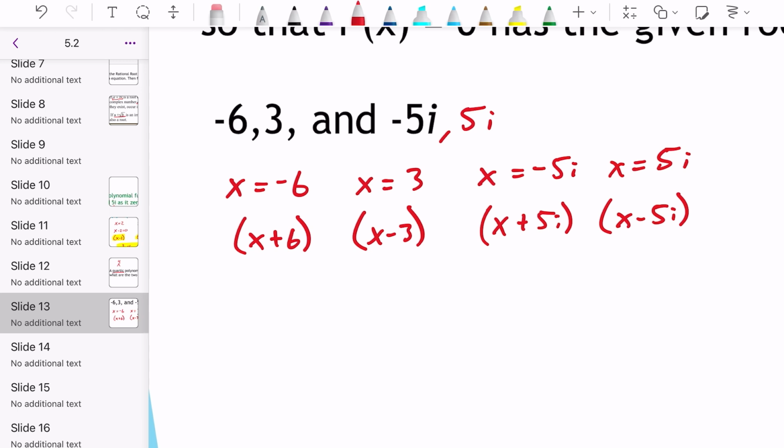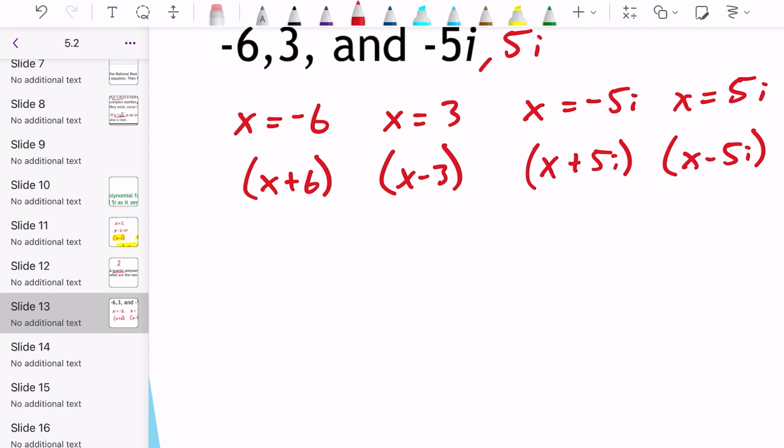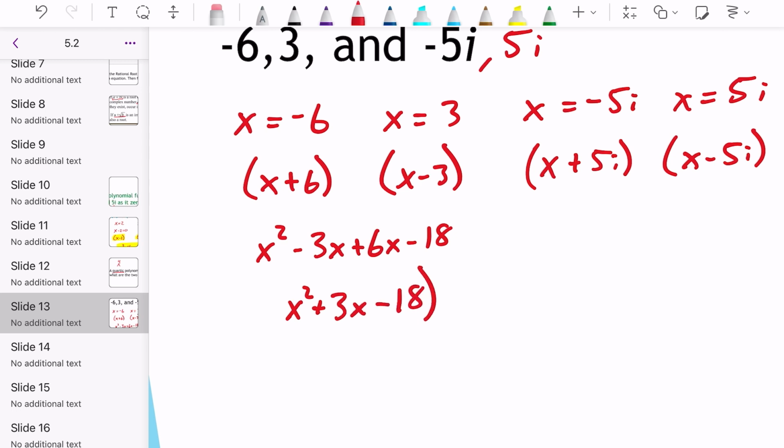We multiply our factors on the left-hand side, which would leave us with x squared minus 3x plus 6x minus 18. And this simplifies to x squared plus 3x minus 18.